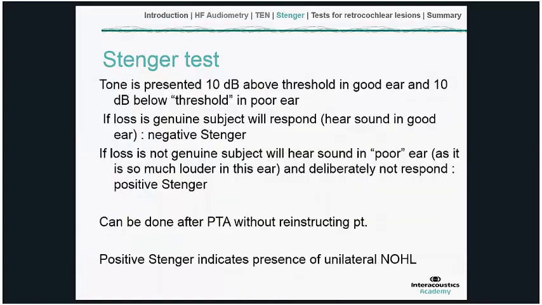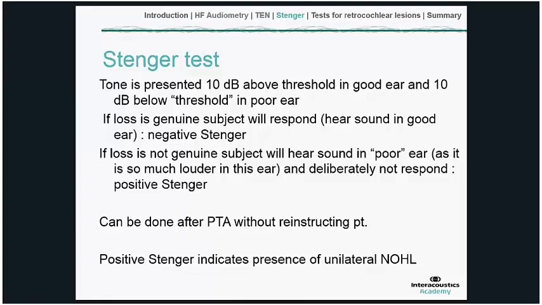As I mentioned, it's a binaural test, and there are two tones of the same frequency. The tone in the good ear is presented just above its threshold, and the tone in the poor ear is presented just 10 dB below its given threshold. At this point, due to the Stenger principle, one of two things will happen.